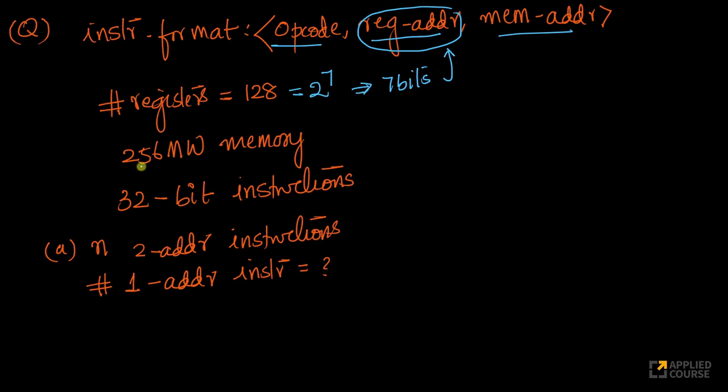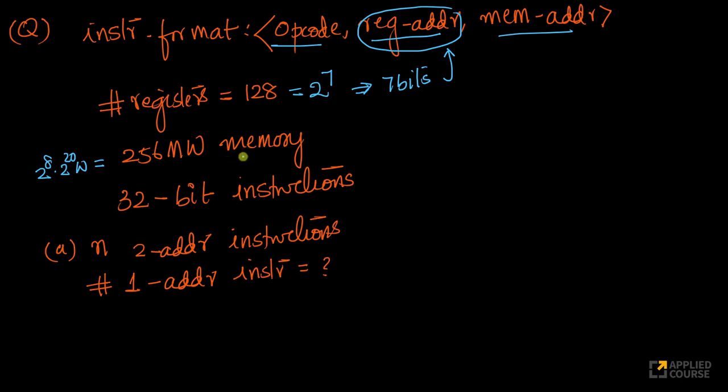Next, I have 256 mega word memory. What is 256? 256 is 2 power 8 into 2 power 20, so 2 power 28 words. That's what I have for my memory.